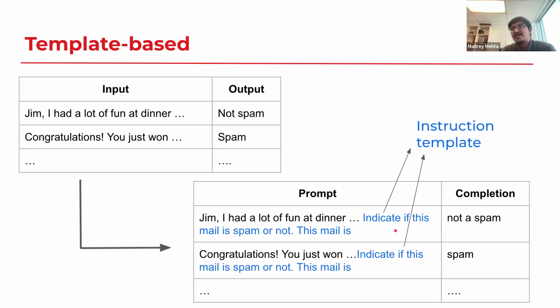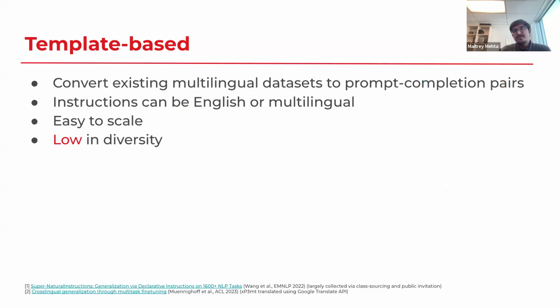I can say answer in yes or no whether this mail is spam or not, and the completion can be yes or no, right? So again, this hampers the diversity. When you fine tune on this particular data set, you make the model very constricted to a certain instruction format, right?